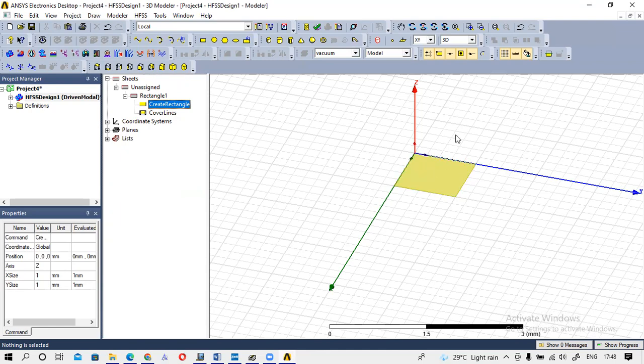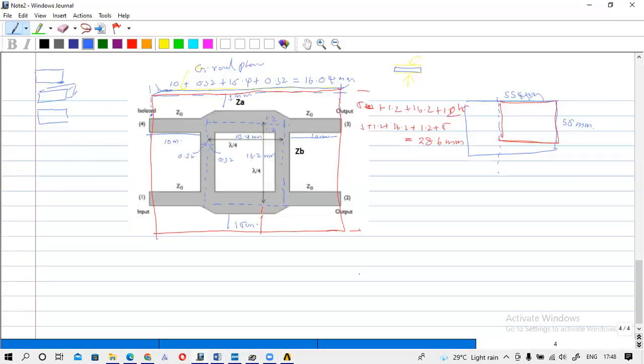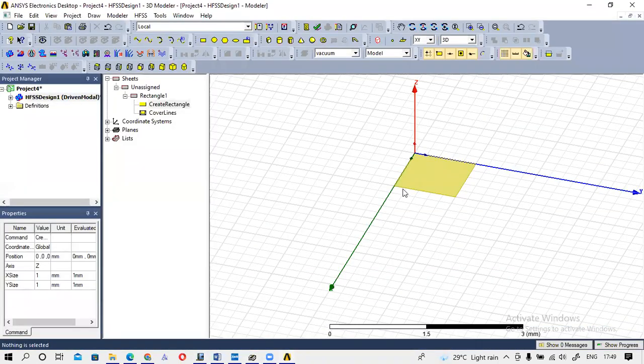Normally, you can do the design in any orientation. I am familiar with the orientation where y is this axis, x is this vertical axis, and z is like this. I think if I change the orientation it will be easy.